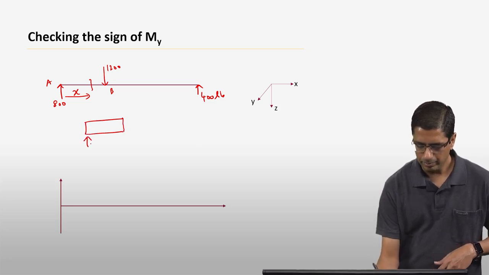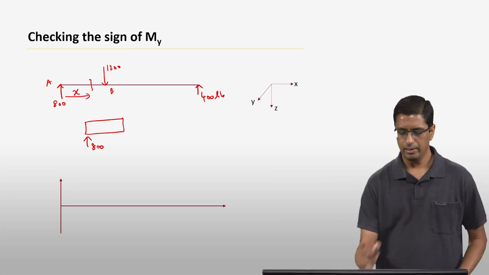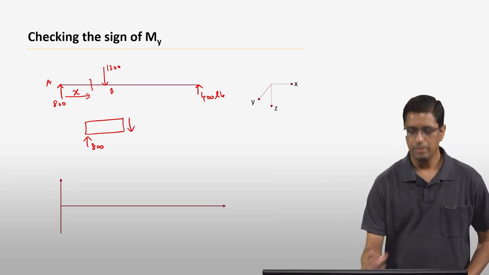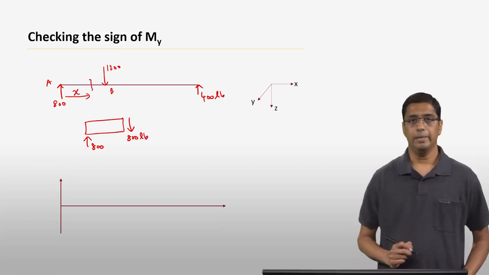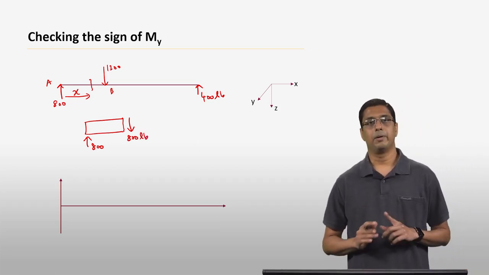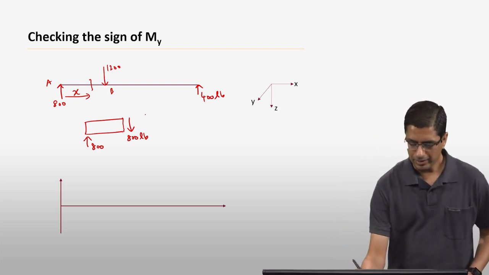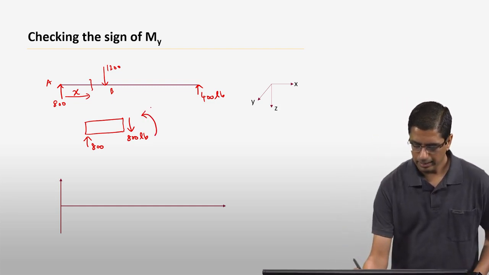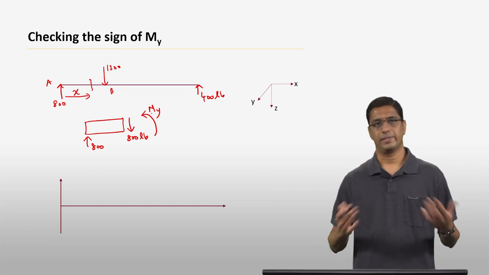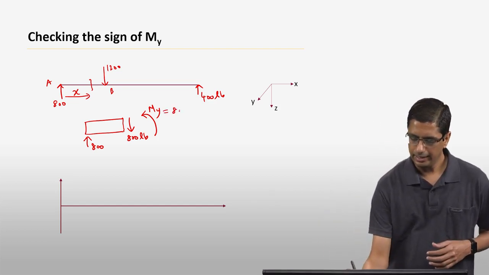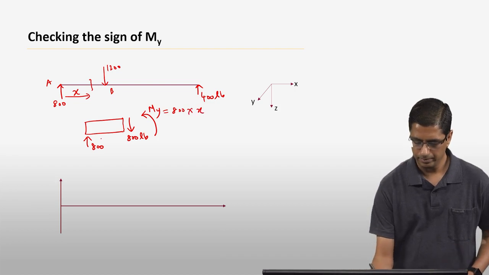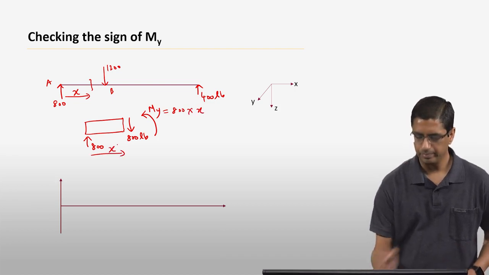So you have an 800-pound force this way, which has to be counterbalanced by a shear of 800 pounds. And to make sure that the body does not rotate, you essentially have to have a moment My in the counterclockwise direction again. And this moment My is going to be nothing but 800 times x, because this distance is x.